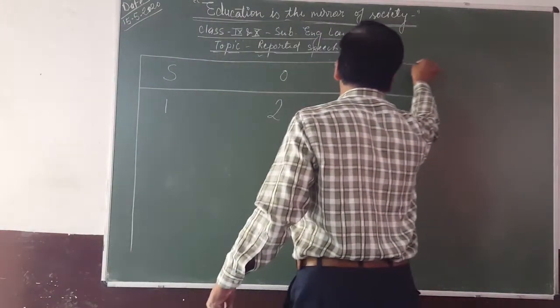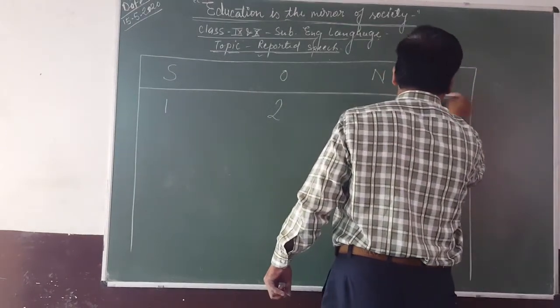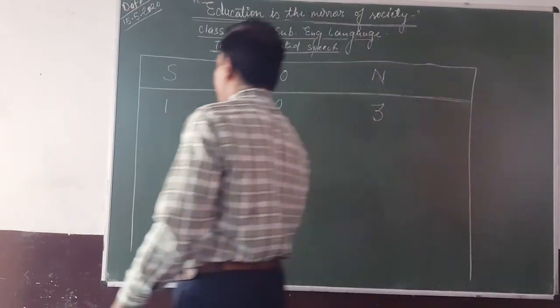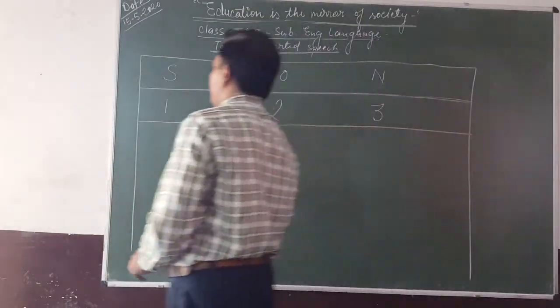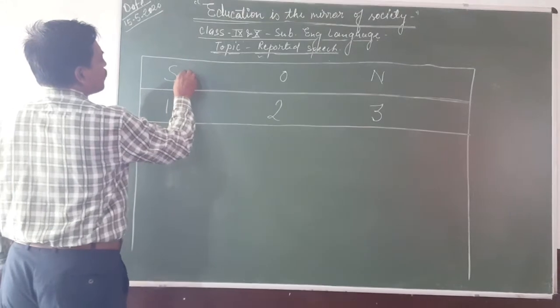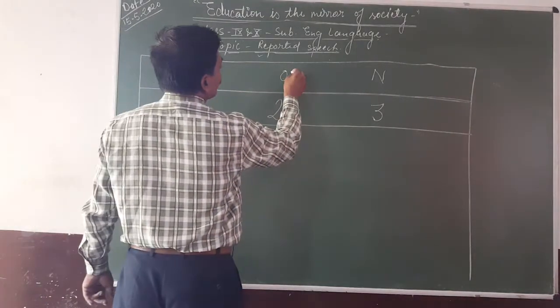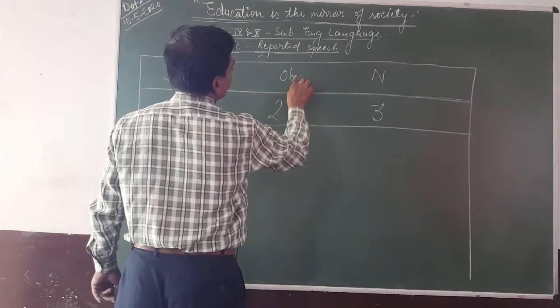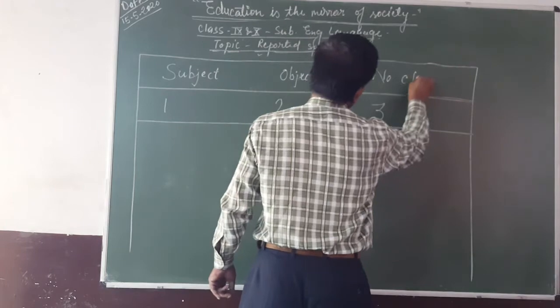S O N upon 1, 2, 3. S is for subject, O is object, and N is no change.